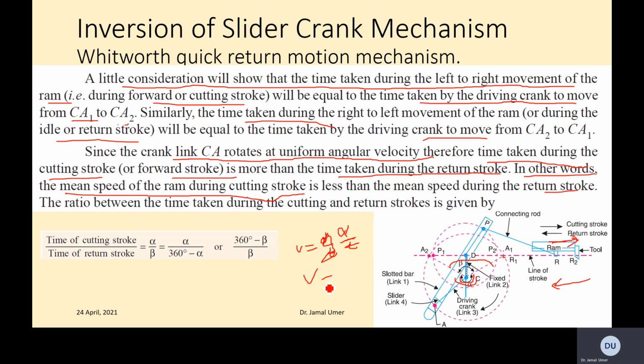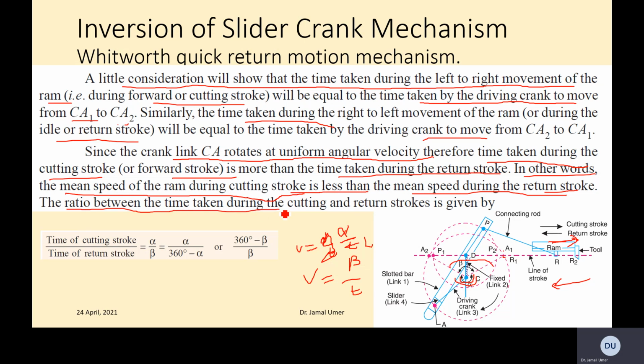For the return, we have beta over time, and beta is smaller, so the time taken will be less. The mean speed of the ram during the cutting stroke is less, and during the return stroke it is more. So it goes slowly forward, but in reverse it comes faster.